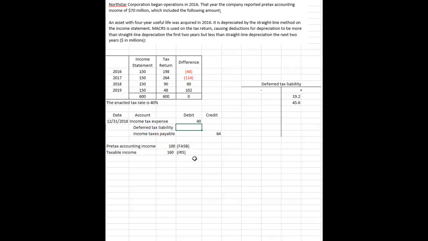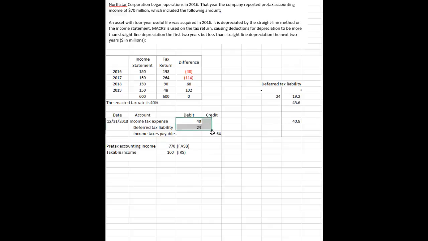And now the 24 million starts to reverse itself. This 24 million goes on the left side of the deferred tax liability, so at the end of 2018 you have a balance in your deferred tax liability, which shows up on your balance sheet, of 40.8 million.